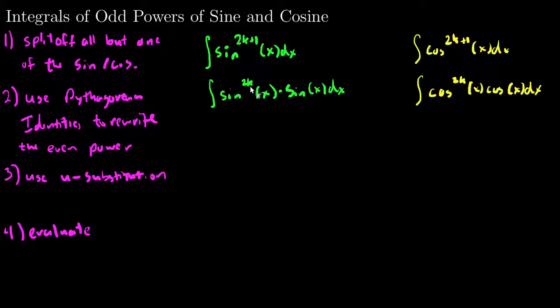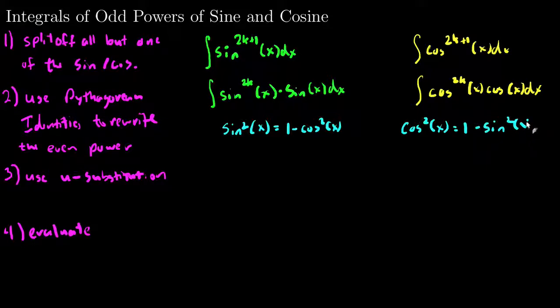And now, if you recall, we know that sine squared x equals 1 minus cosine squared x, Pythagorean identity, and cosine squared x equals 1 minus sine squared x.